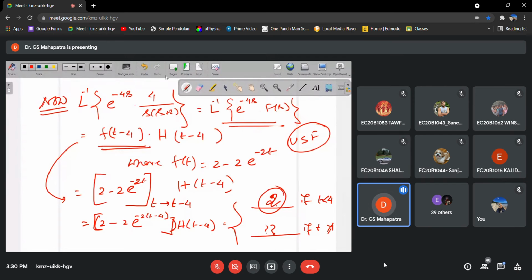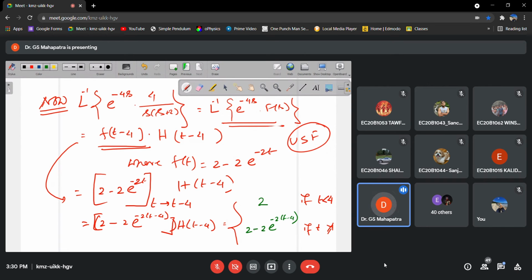So the second one, I have to erase, otherwise I can't write in this small part. So your answer here it is 2. Here it is 2 minus 2 into e to the power minus 2 into t minus 4.